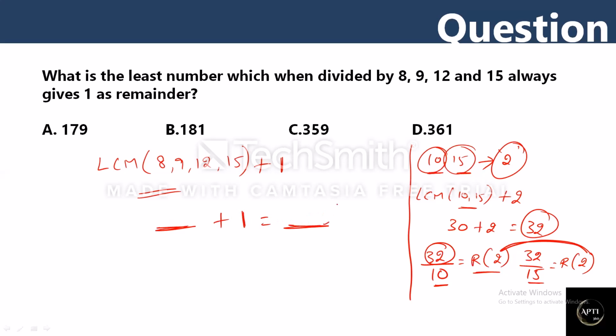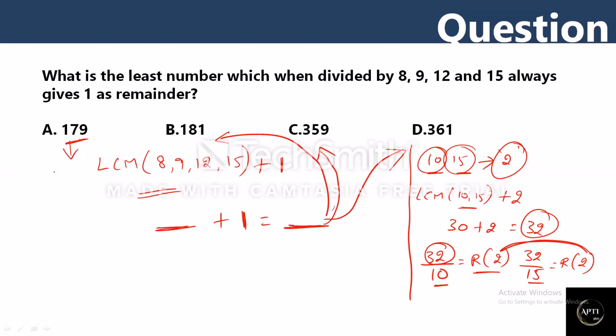The answer may be option C, option D, option B or option A, correct? So what I'm trying to say is, don't waste time calculating the LCM of 8, 9, 12 and 15. If you recall the previous video, we discussed how to solve LCM. Here, assume we added 1 to get the answer.